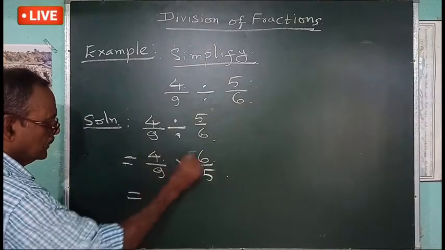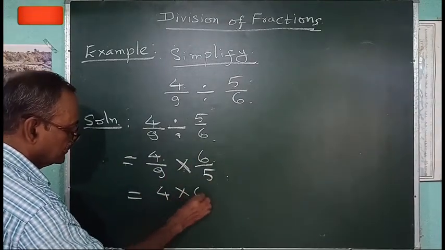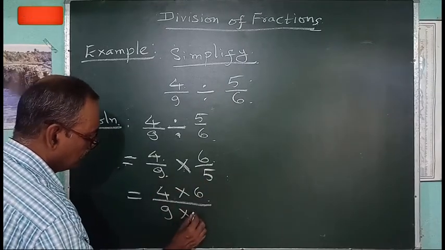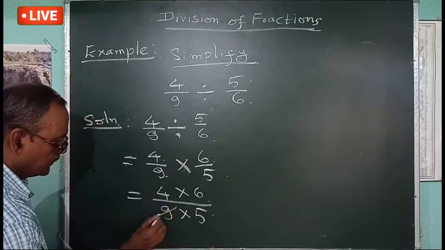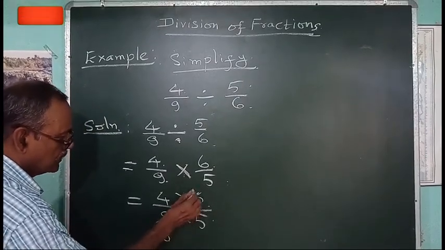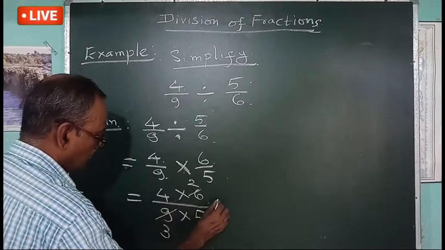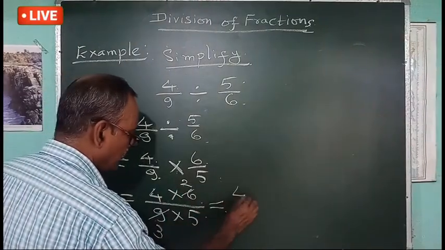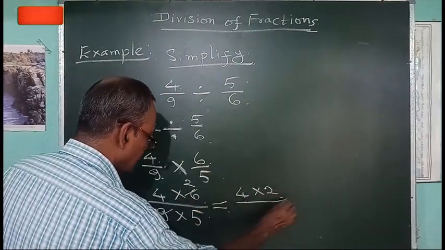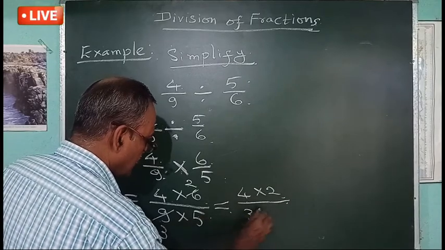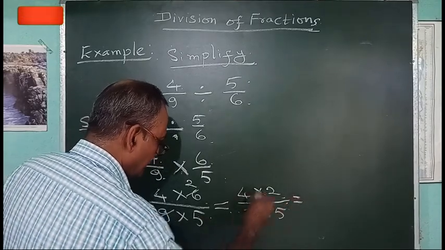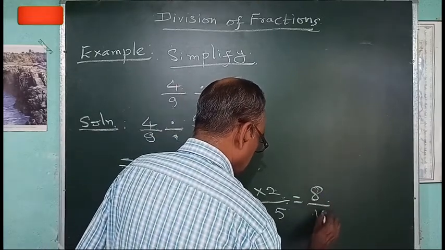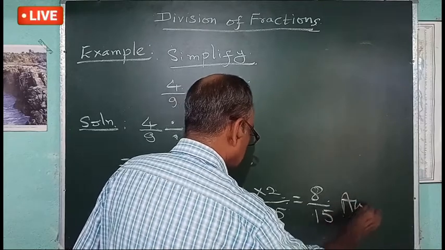Now numerator into numerator, 4 into 6, divided by 9 into 5, denominator into denominator. Now cancel. 3 3s are 9, 3 2s are 6. Now you can't cancel anymore, so multiply 4 into 2, numerator into numerator, denominator into denominator. 4 2s are 8 and 3 by 5 is 15. This is the answer.